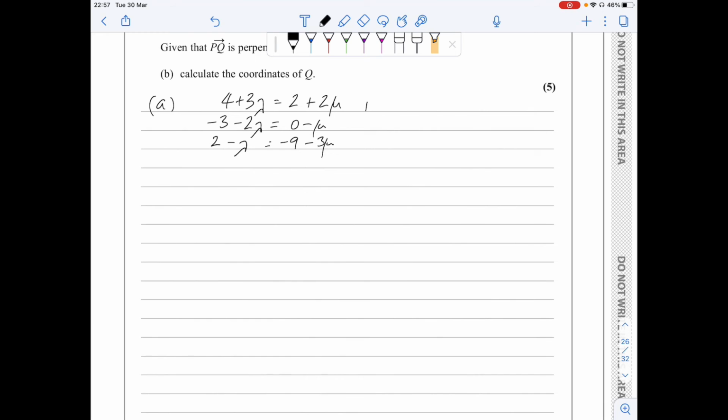I will label these as 1, 2, and 3. From 2, I can get mu equals 2 lambda plus 3. And then I will substitute this into equation 1.